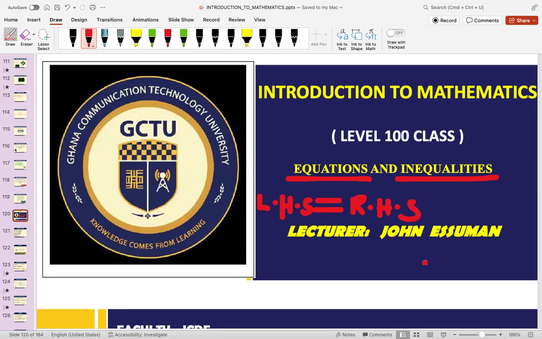But inequalities are different. For inequalities, there are about 4 signs you can see. You can either see less than, in between the left-hand side and the right-hand side. That's one condition. Or you may see the symbol greater than, in between the left-hand side and the right-hand side.